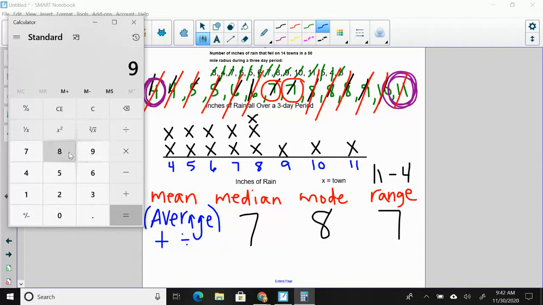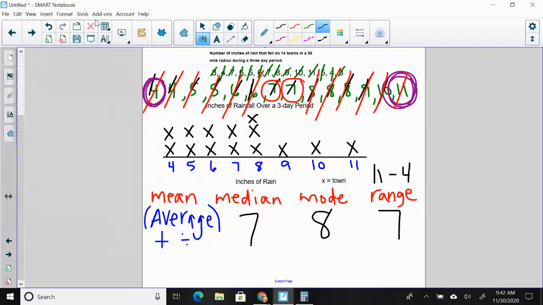So 98 divided by 14 gives us 7. So on average, 7 inches of rain fell over the course of those 3 days.